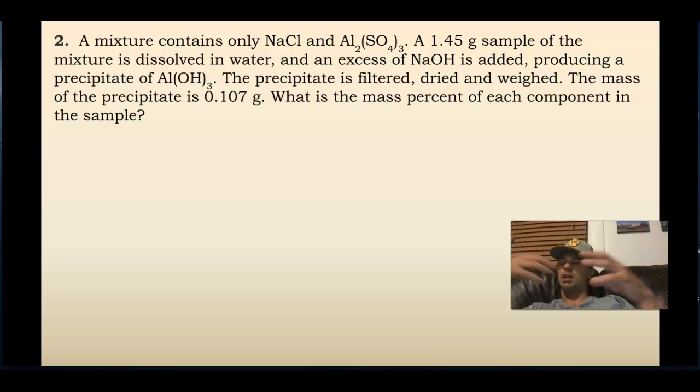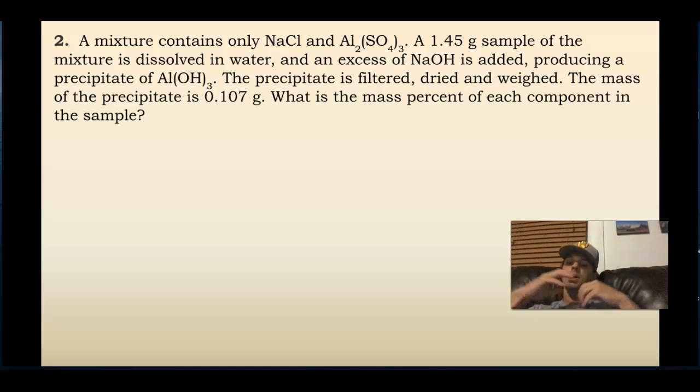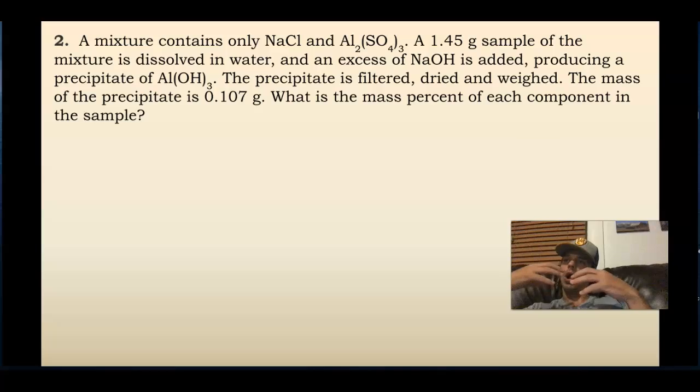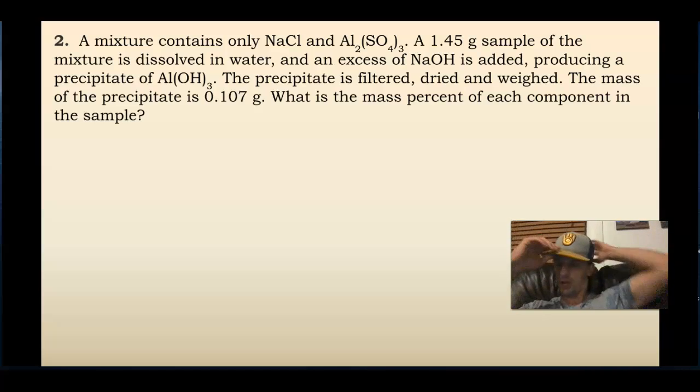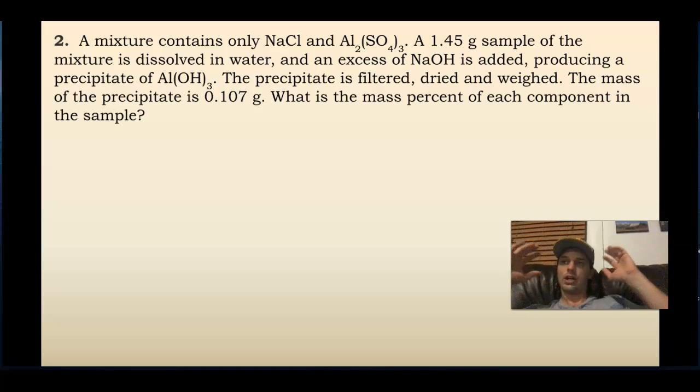We'll also do plenty of experiments on our own where we analyze our own data, but the more data and the more problem solving you can do, the better off you'll be taking that AP exam or just understanding chemistry in general. It's really a problem solving science where we need to look at data and understand what conclusions I can draw. So let's look at our next problem, where we look at a mixture forming a precipitate.